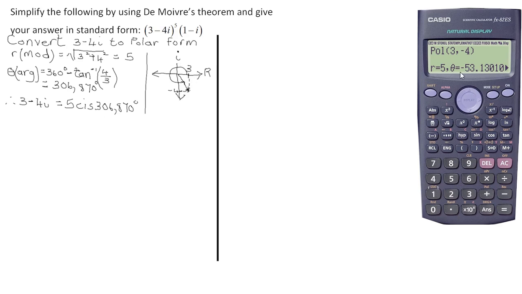In other words, the value that they've given there is this negative 53. So what does that mean? You add 360 to it and you will get exactly the same value. I hope that is clear to both of you. Now let's convert the second one. Convert 1 minus 1i to polar form.